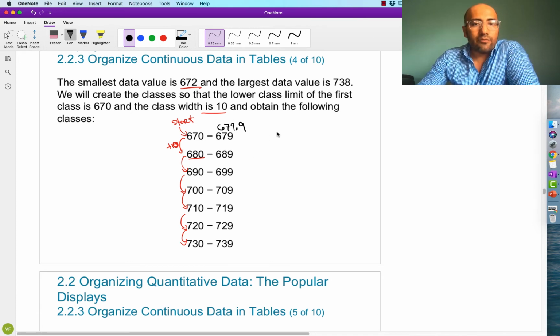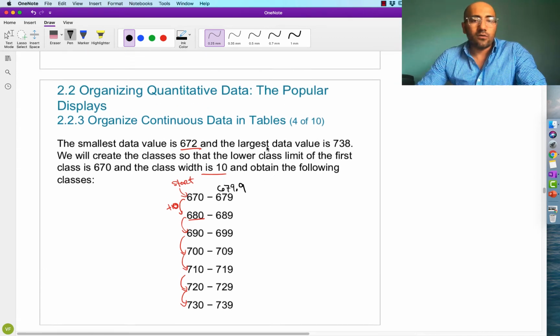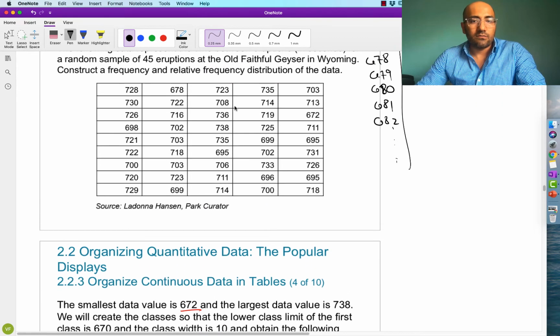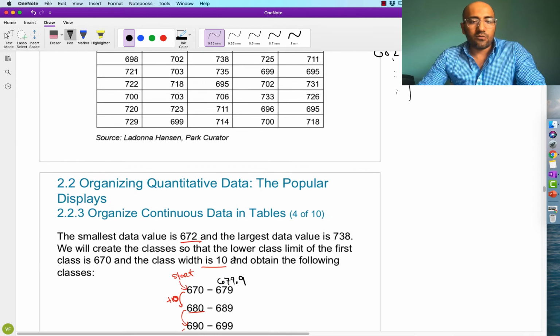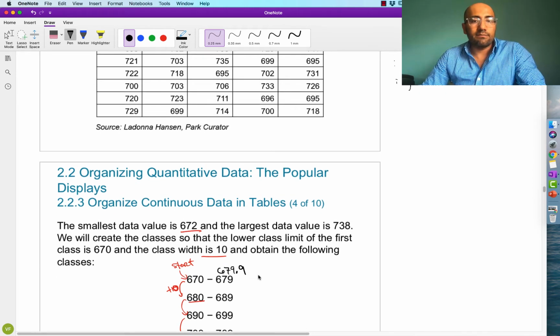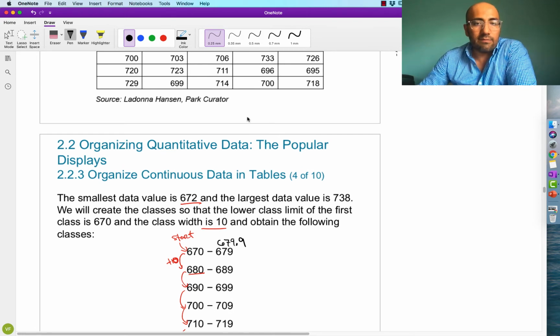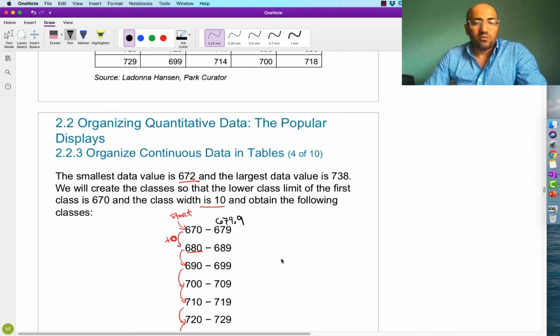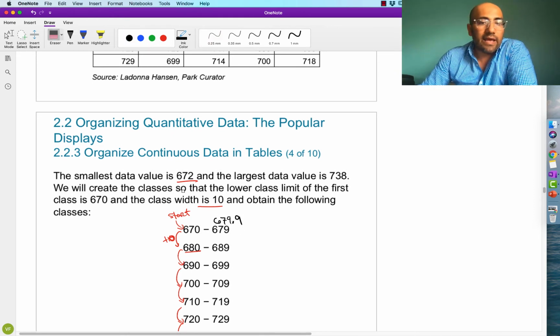But if we look at our raw data, it was only whole numbers, so we don't have to go that much more precise, right? There's nothing wrong with using 179.9. It's just unnecessarily precise. Since our raw data was only whole numbers, we should only go up to that level of precision, up to a whole number, and leave it at 179.